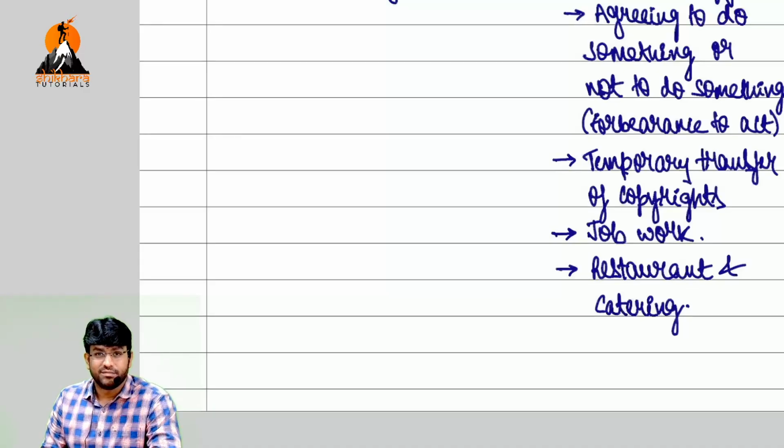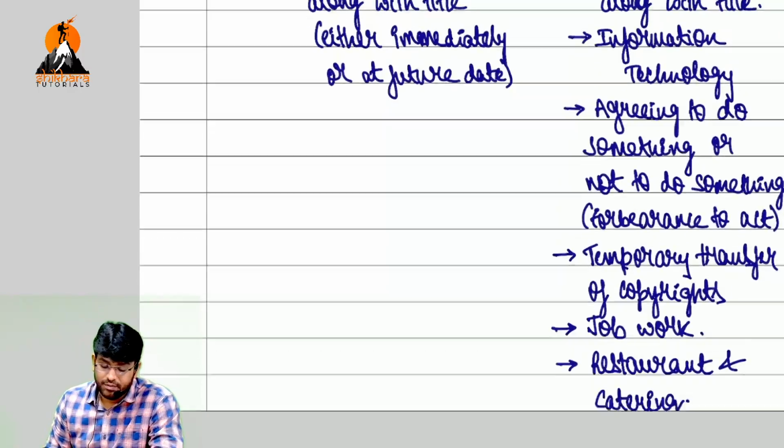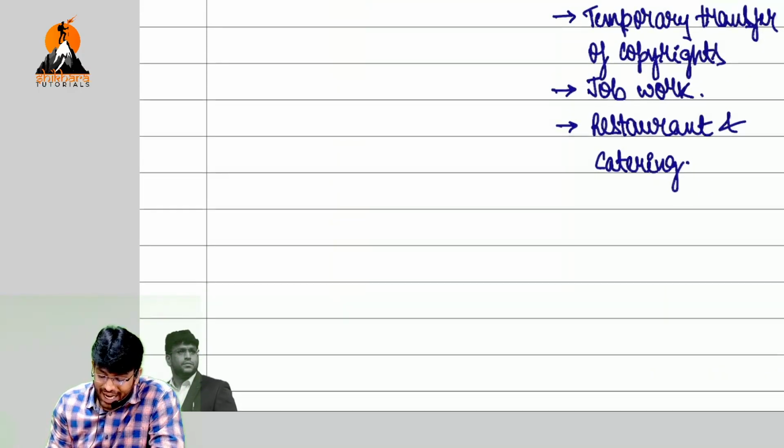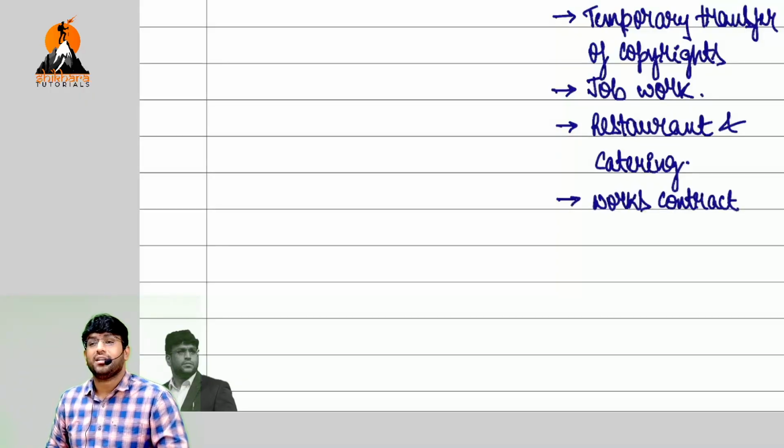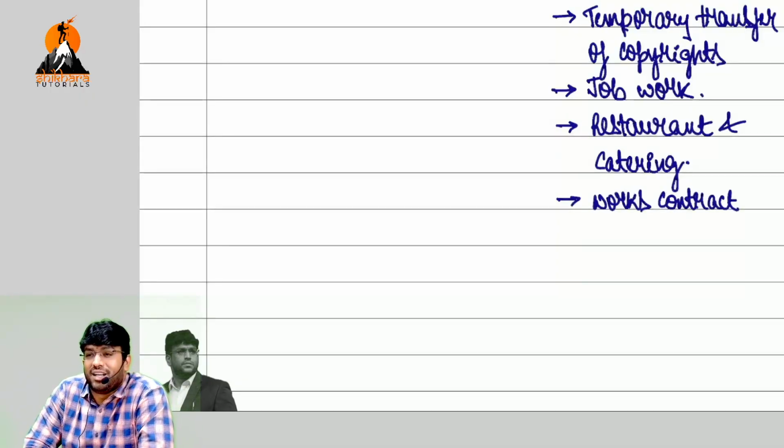Still service only. Is that clear? Finally, one more point I will add there is works contract. Sir, heard this word works contract? What is works contract? Tell me the answer.